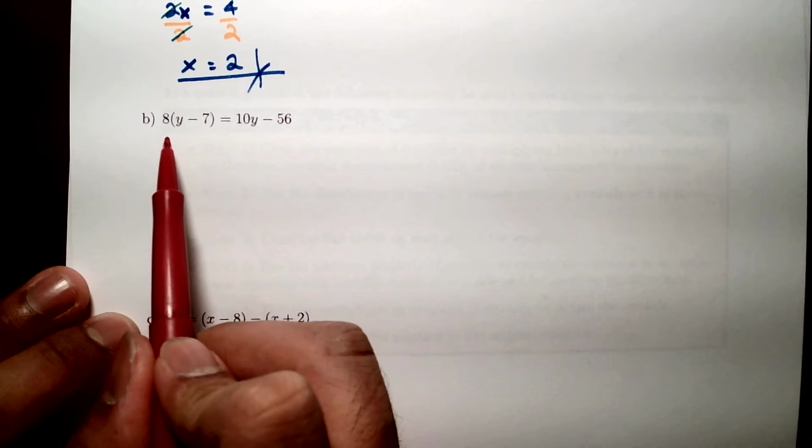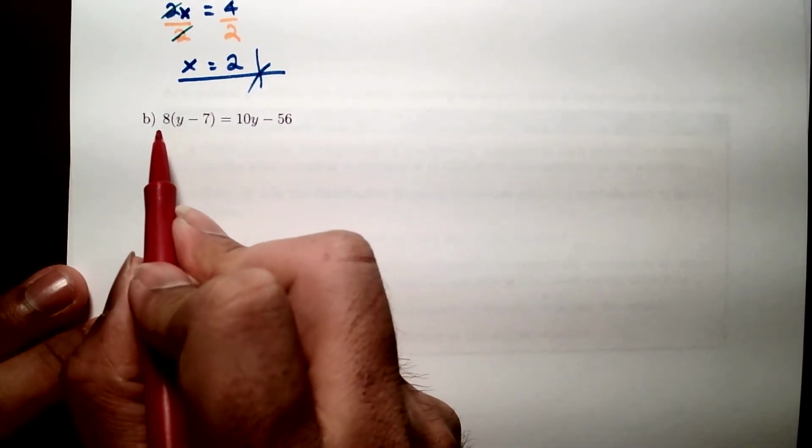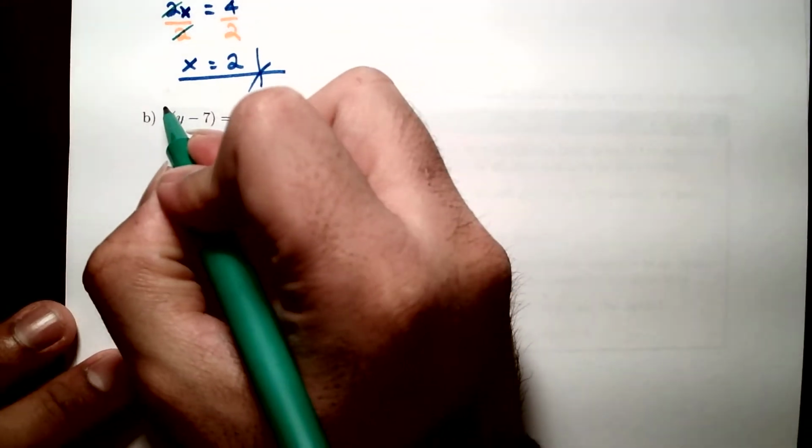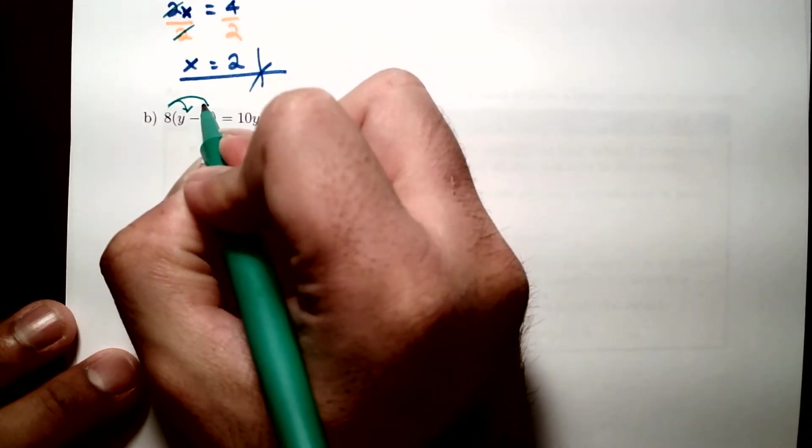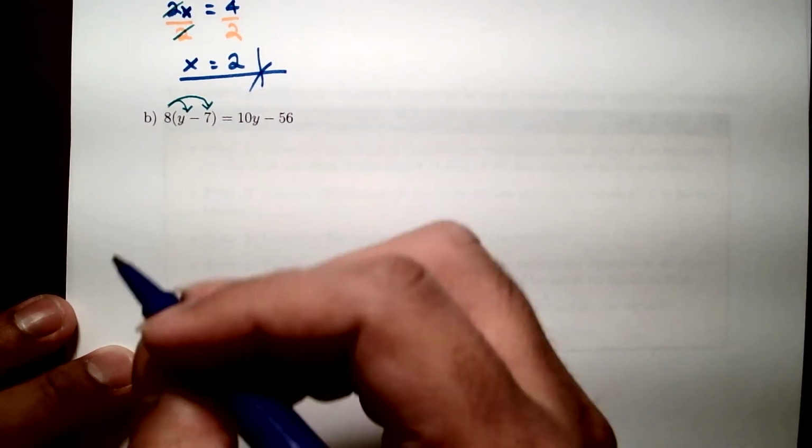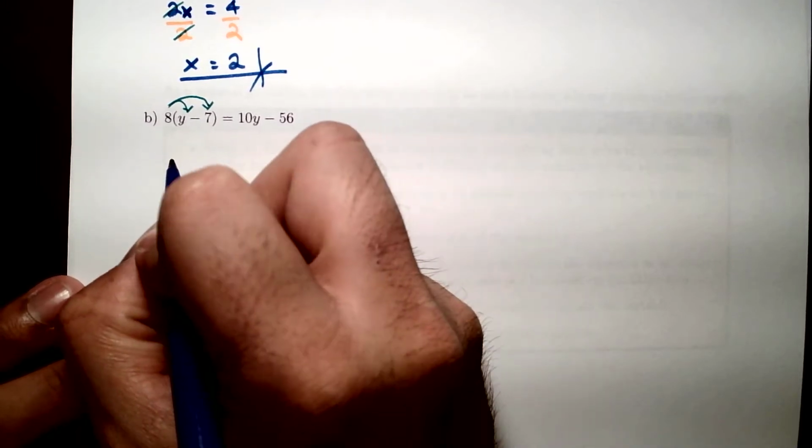Okay, so let's look at another example. What do we have here for letter B? Maybe the most prominent part of this equation is these two parentheses that we have around. Every time you see parentheses, this is what you might want to do: use the distributive property before attempting any of the properties we saw before.